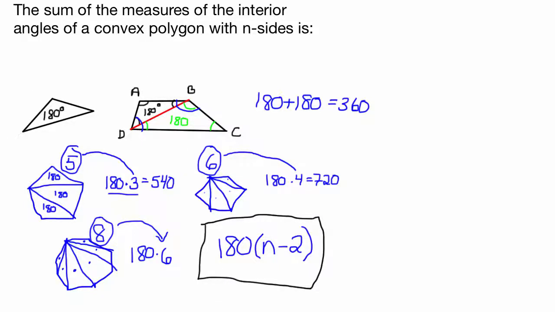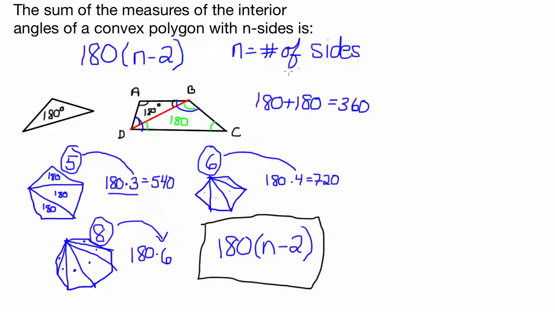So we can say, and I'll do it in blue up here, the sum of the measures of the interior angles of a convex polygon is just 180 times n minus 2, where n is the number of sides of the polygon.